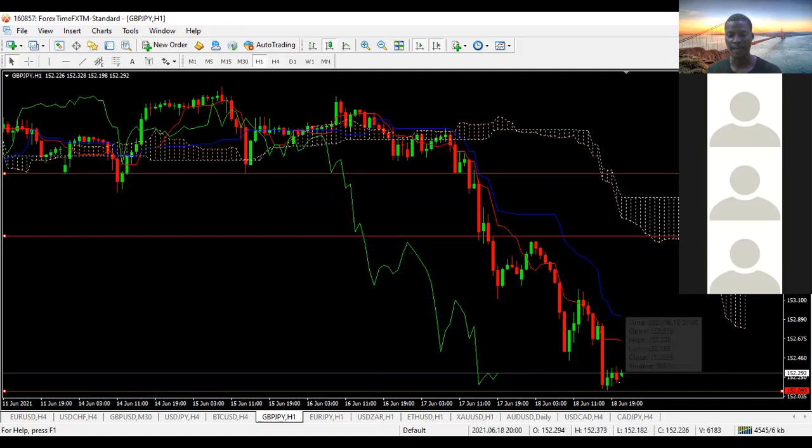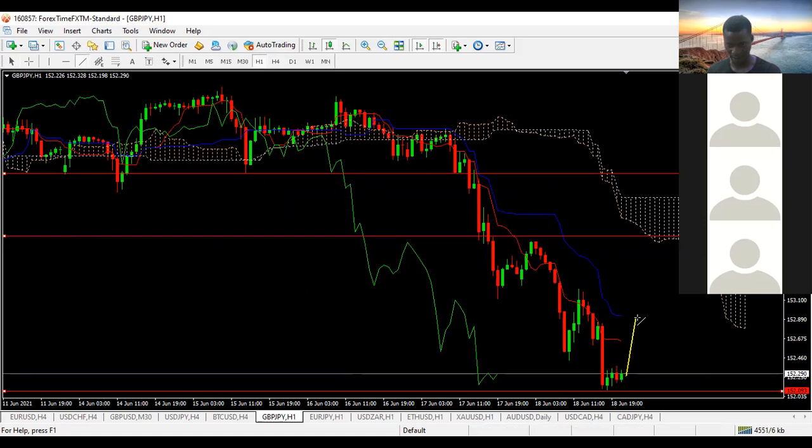Or when you enter now and the market just pushes into the nearest moving average, just like what happened here, you enter and it will not continue again. It means that the bearish trend is still persistent.